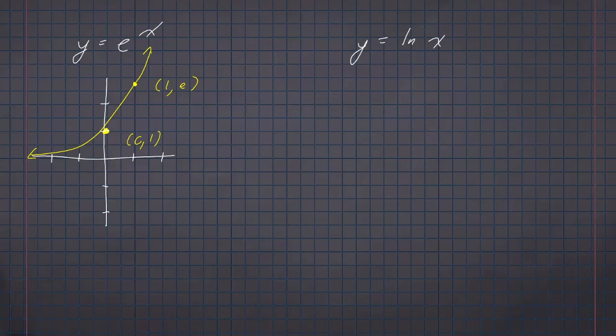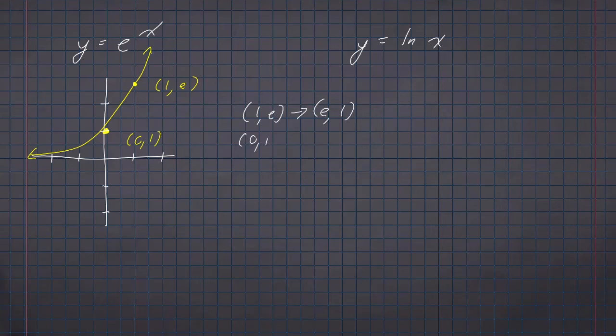So since the natural log is the inverse of the exponential function, graphing a natural log, we simply want to swap the x and y coordinates of our key points. So the point 1, e is going to swap to be the point e, 1.